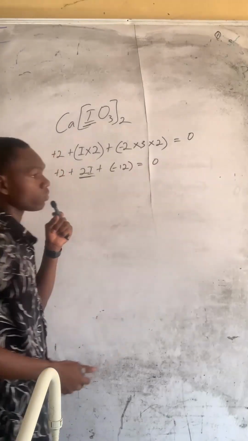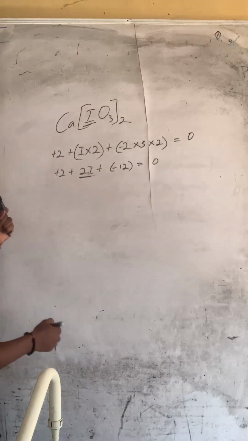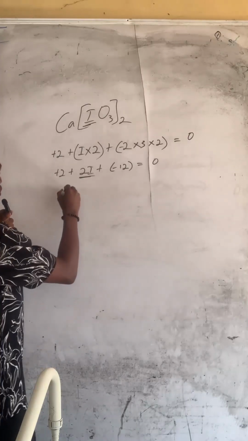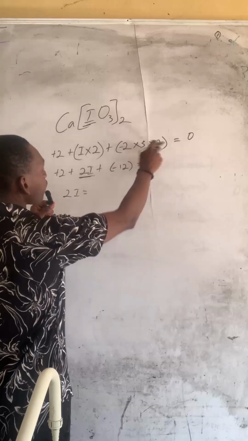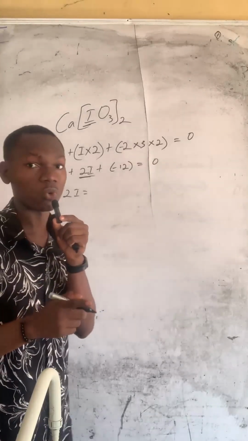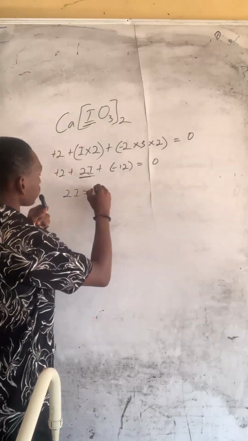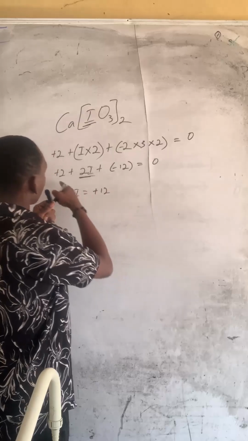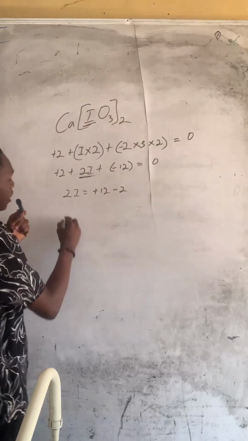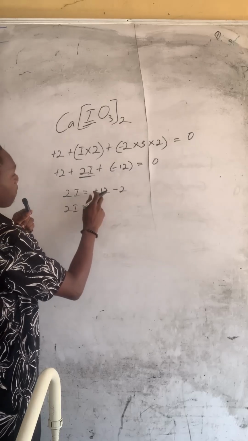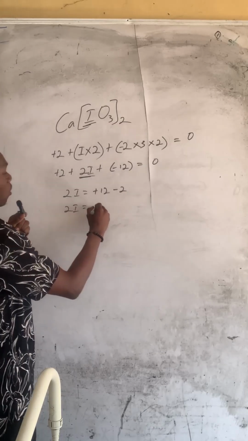We have to transfer them to the other side of the equal to sign in order to get like terms. So this is 2I equal to -2, moving -12 over to the other side will change to +12. So this will be +12. +2 moving to the other side will change to -2. So at the end of the day, 12 minus 2 gives us 10.